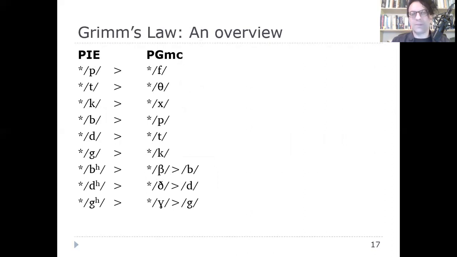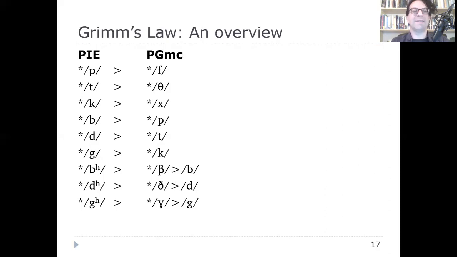This has been a sort of simplified version. There are also some rounded versions of some of these sounds, but I'm leaving that out completely now and just concentrating on this. So the simplified version of Grimm's Law is that there were 9 sound changes that come in triplets, so they come in sets of 3.